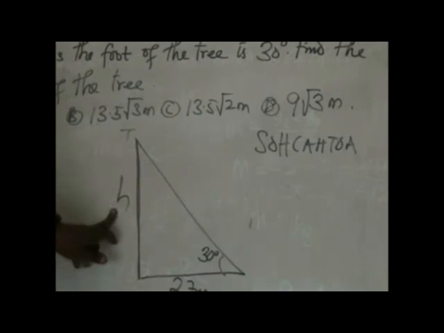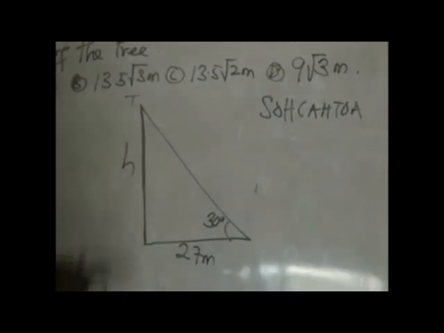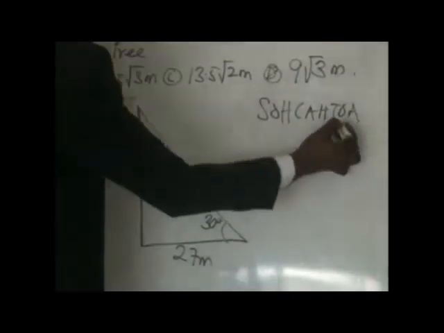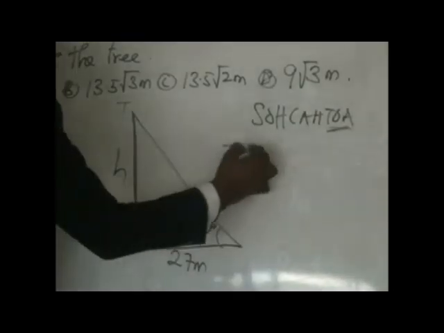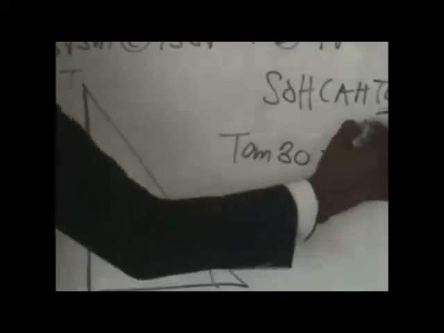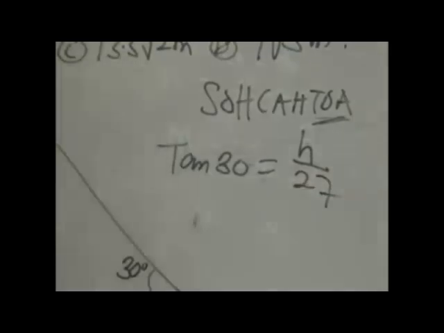What we have is opposite over adjacent, and opposite over adjacent is tan, TOA. So it's going to be tan 30 equal to h, which is the height, the opposite, over the adjacent, 27.